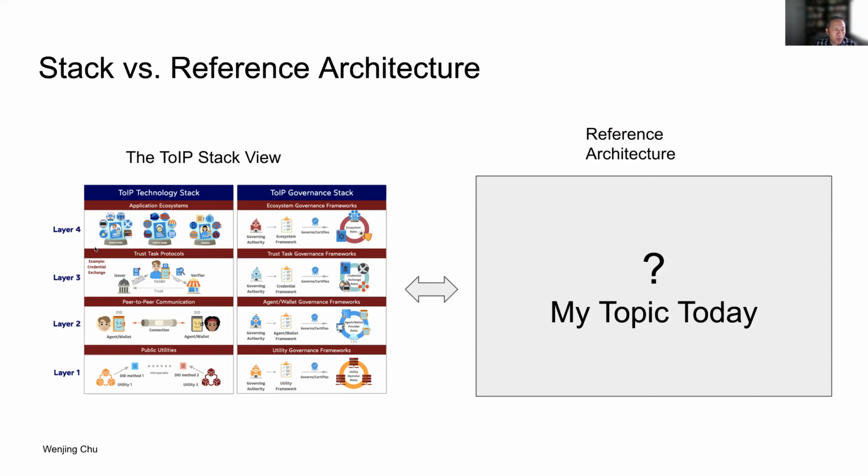This stack is commonly expressed as different layers, from layer 1 about utilities, layer 2 on peer-to-peer communication, layer 3 different kinds of trust tasks, and layer 4 applications you may be able to build based on the lower layer functionalities. And this diagram or this view is not very precise.